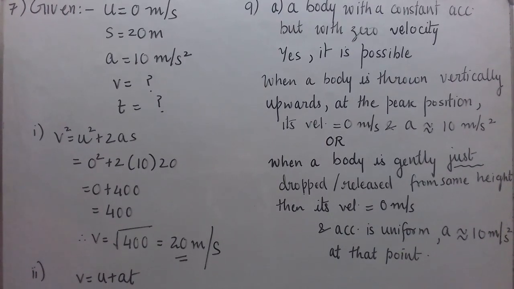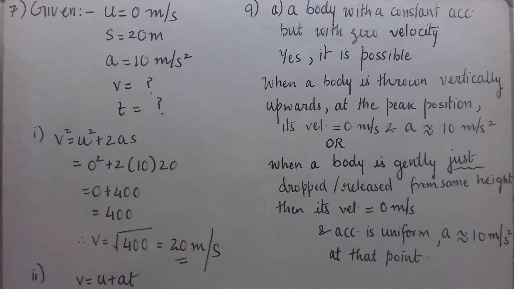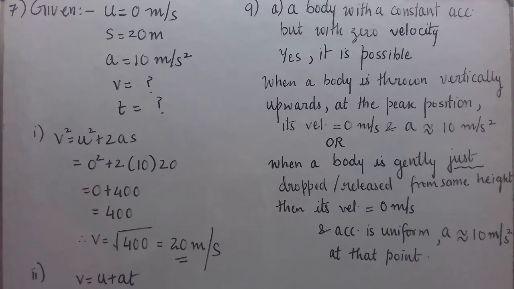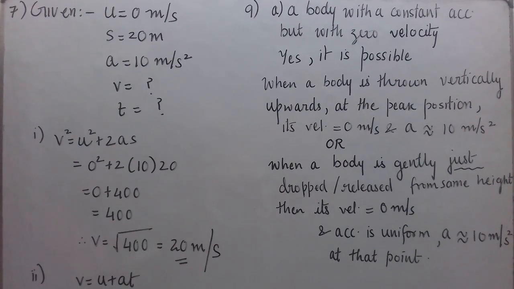I'll repeat the question. State which of the following situations are possible. If they are possible, you have to write yes. If not possible, no. And when you write yes, you have to give an example for each of these.